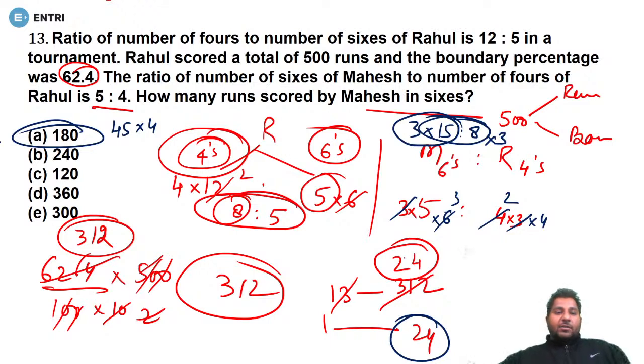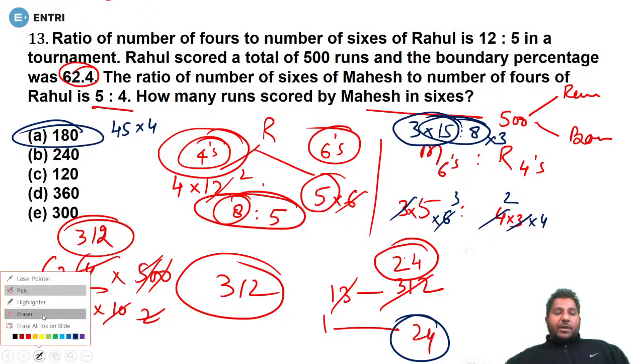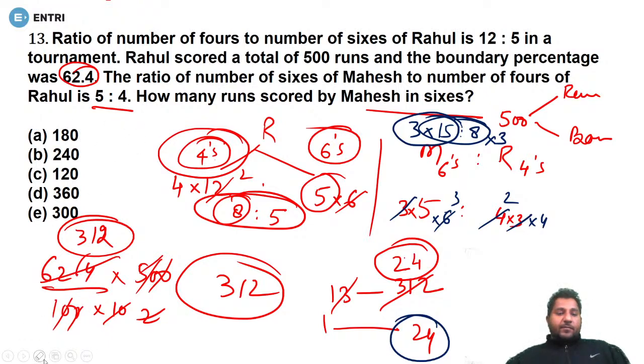We can still figure it out. It would be 360, not 180, because we have multiplied with 3. So tell me who is going to do that. How many runs were scored by Mahesh in sixes? Come on, who is going to give me the answer? Anyone?